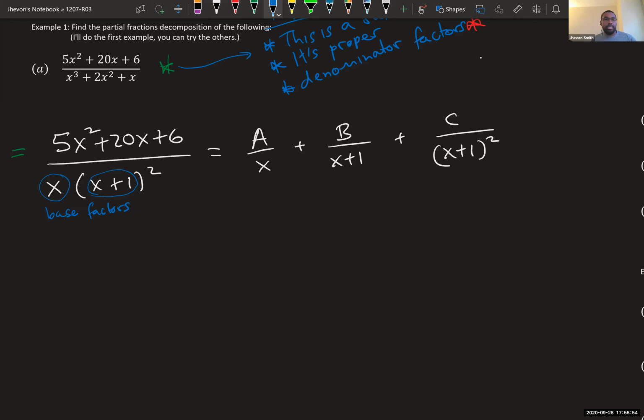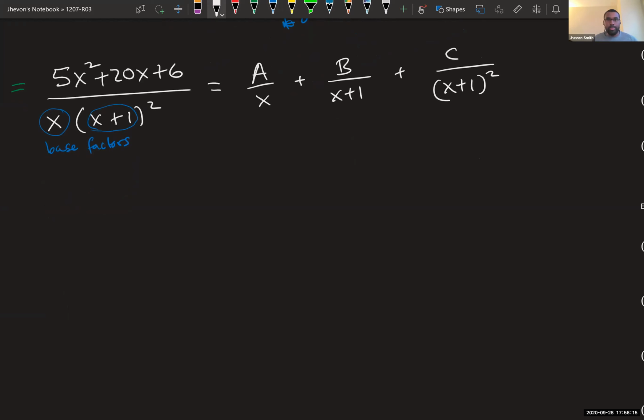In the first case, x, the highest power is 1, so your numerator needs to be power 0. Second case, x plus 1, the highest power is 1, so your numerator has to be degree 0, meaning constants. When it comes to x plus 1 all squared, that's a repeated factor. It has multiplicity of 2. You count up to the multiplicity. Okay, keep going.